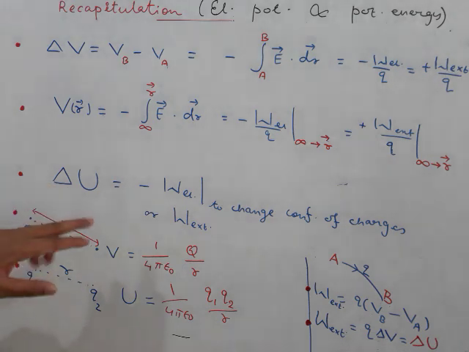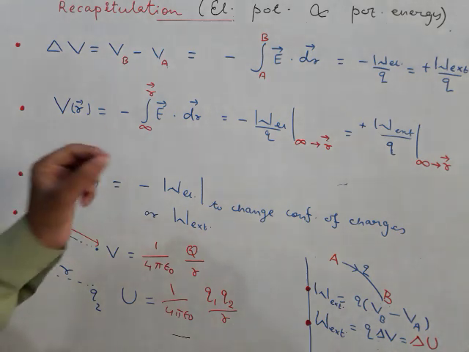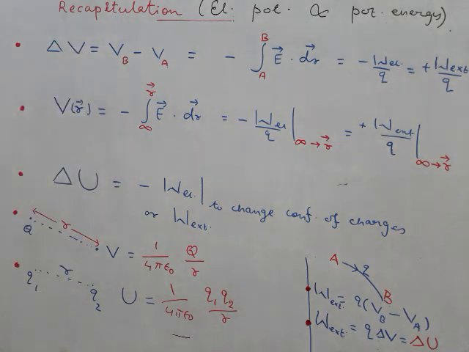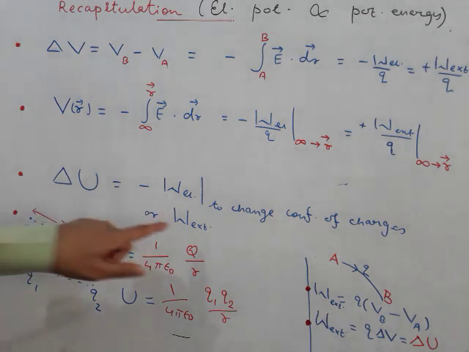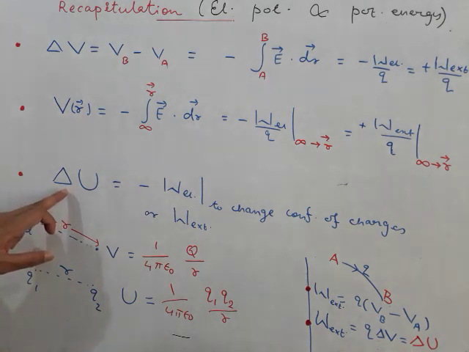What does that mean? If we have some charge distribution and if the charges are displaced from their positions, in doing so, whatever work is spent by the external agent, that much work is equal to the change in potential energy of the system.